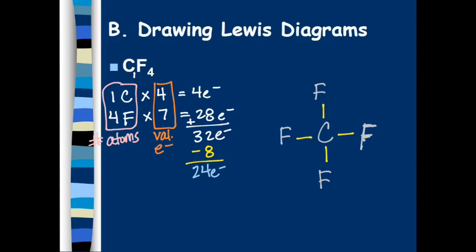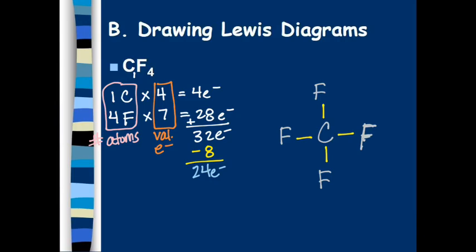In step 4, it says distribute those 24 remaining electrons to try and get our octets. Recall exceptions. Carbon, is carbon in groups 1, 2, or 13? Nope. So it needs 8. Is fluorine in group 1, 2, or 13? Nope. So they need 8.